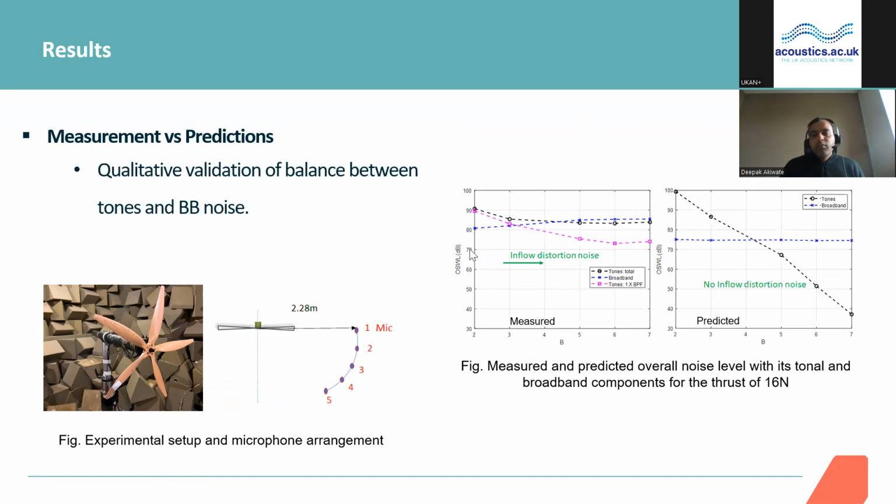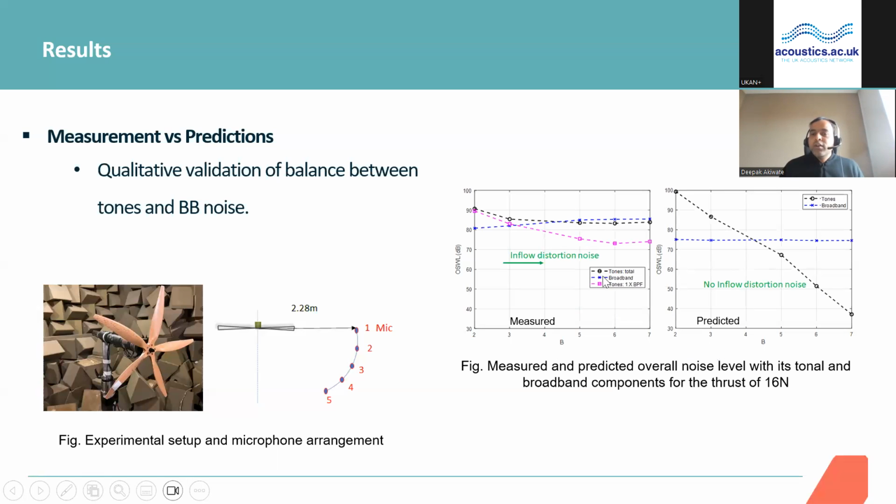We changed the blade numbers from 2 to 7 blades, and the left-hand figure shows the main results and the balance between the tones and the broadband. We can see there is a shift between the tones and broadband at around blade number 4 to 5, and we observed something similar in our predicted results.